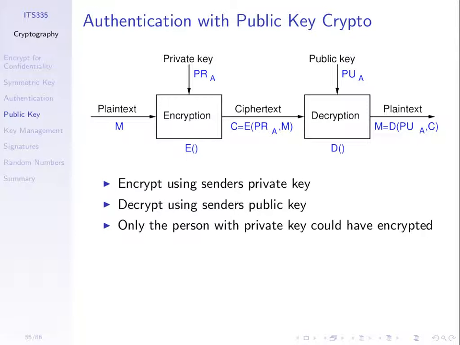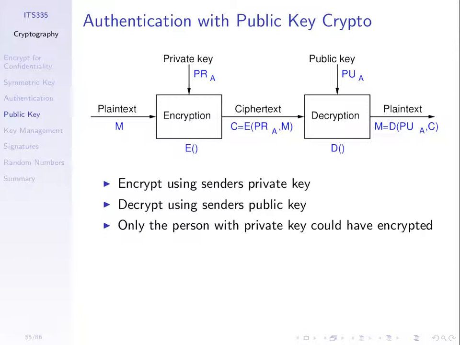This is a different aim. Here we want to send a message from A to B such that B can verify that the message came from A, not from someone pretending to be A. We want to authenticate the source. Last slide for today.